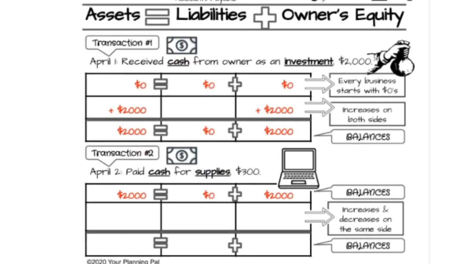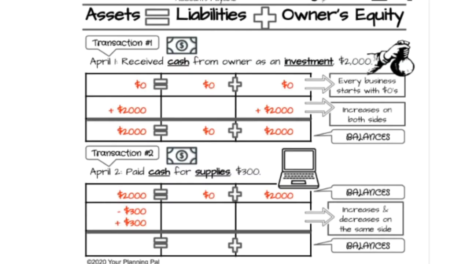So what happens with transaction number 2? Paid cash for supplies. Well, cash is an asset that is decreasing. So we're subtracting $300 on the left side, on the asset side of the accounting equation. But we're also increasing an asset. We're increasing supplies. So we're taking $300 out of our cash account. We are adding $300 to our supplies account.